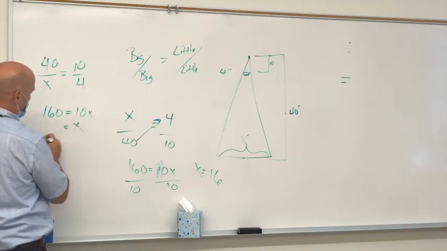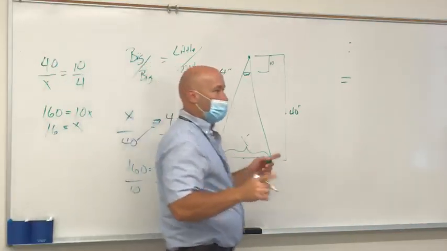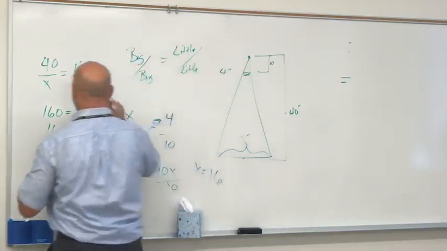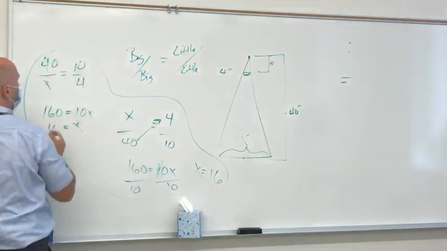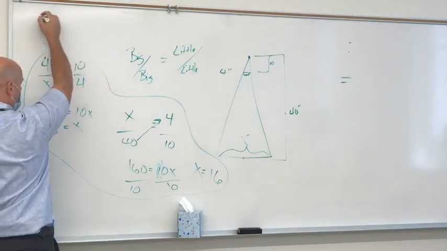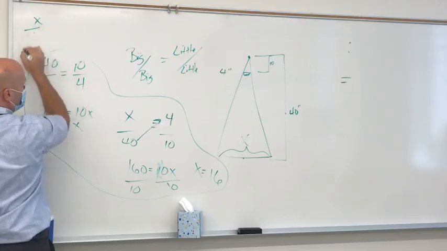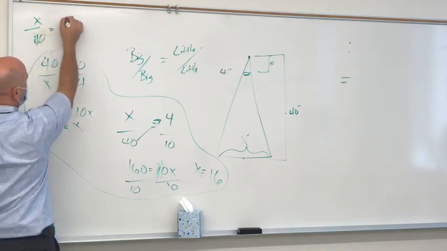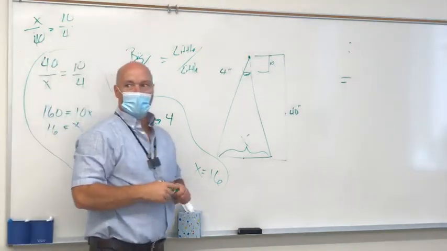So x is equal to 16, right? Now you start comparing apples to oranges, and you got, let's say, x over 40 is equal to 10 over 4. Is that going to give you the same result?